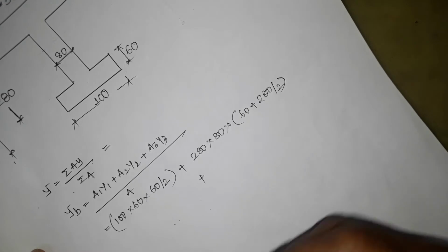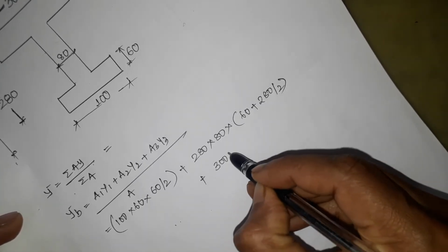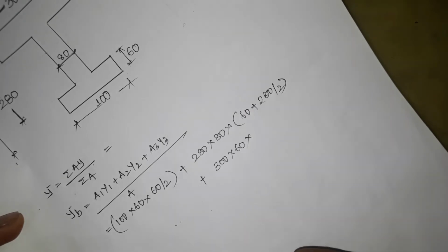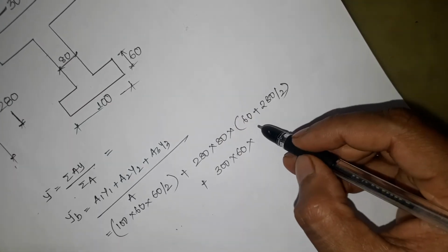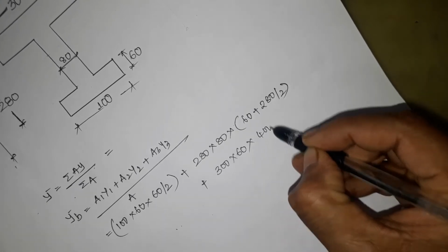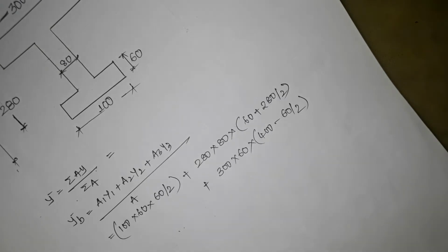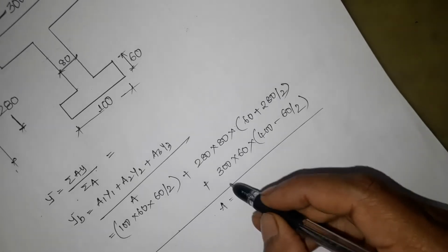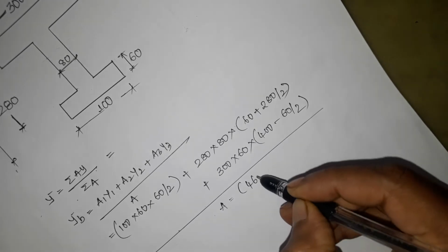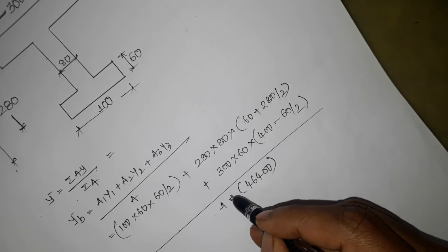Plus the top flange, area 300 by 60, into 400 minus 60 by 2. And divided by the summation of area. I'll write directly the summation of area is 46400, which we have already calculated.